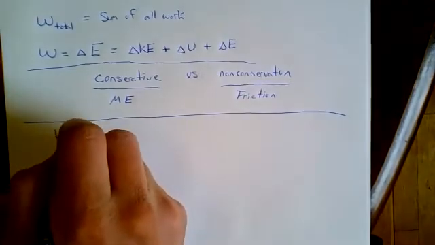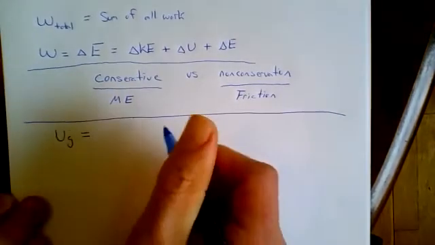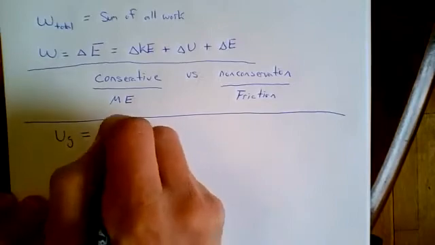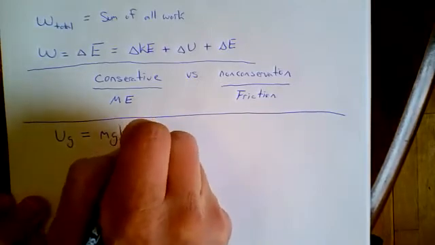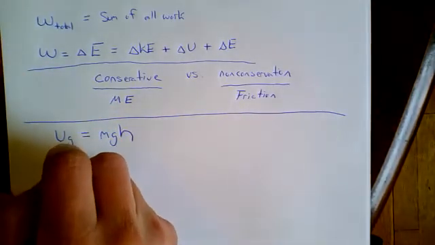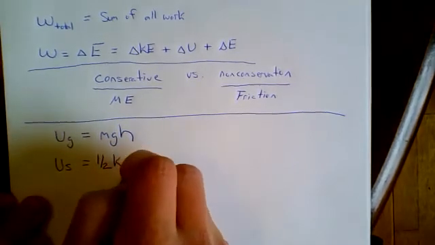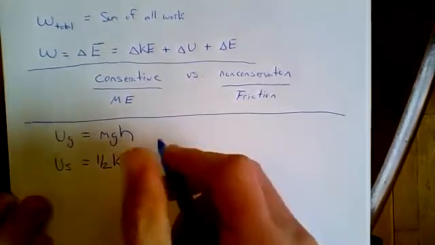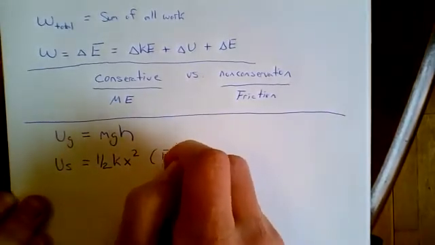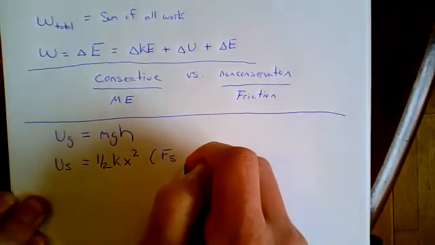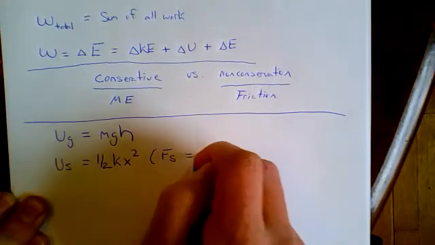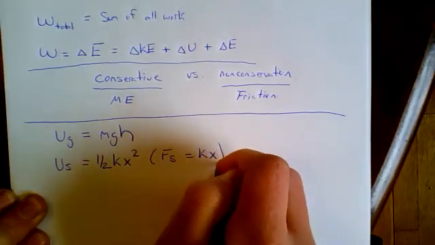A few of our basic equations: gravitational potential energy, mgh. Potential energy of a spring, 1/2 kx squared. And often related to this is Hooke's law, which is the spring force equals k times x.